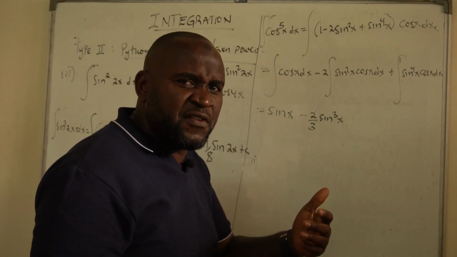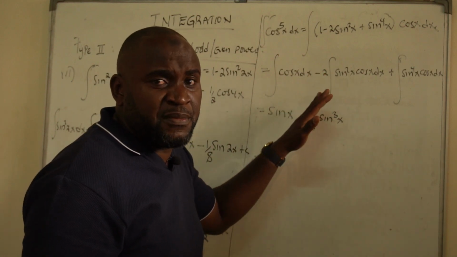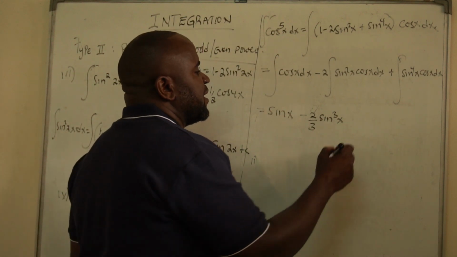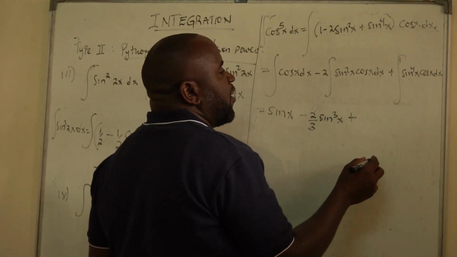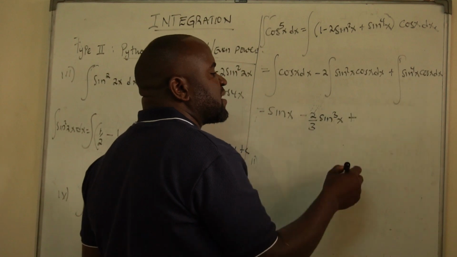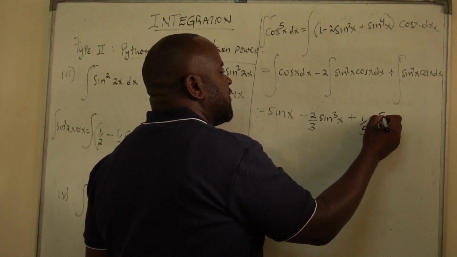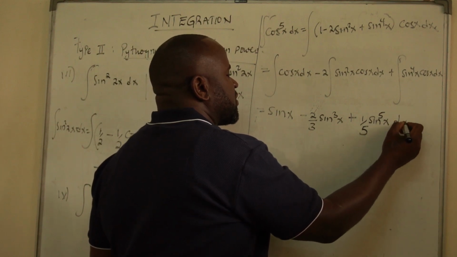Type 3 will be change of variable, which is another technique which can handle such problems. But for now, we are dealing with odd and even powers directly. A plus, sine power 4 must be coming from the derivative of sine power 5, which is 1 over 5 sine to the 5th of x with respect to x.